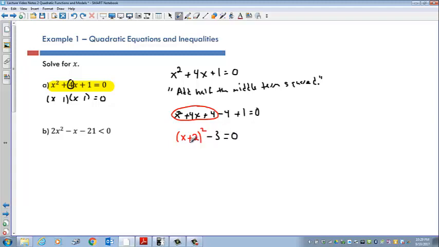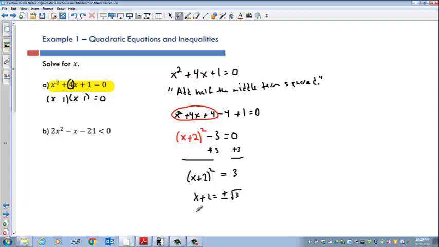So what happens when you complete the square is now you can solve for x. You can add 3 to both sides. On the left hand side you have something squared, so x plus 2 quantity squared equal to the number 3. We can undo the square by taking the square root of both sides, so x plus 2 is equal to, and remember it's plus or minus, plus or minus the square root of 3.